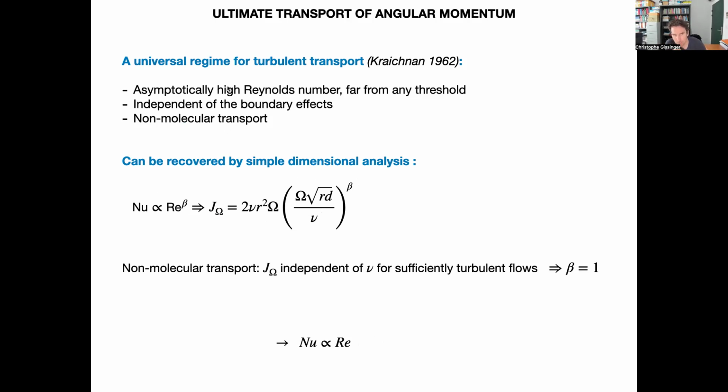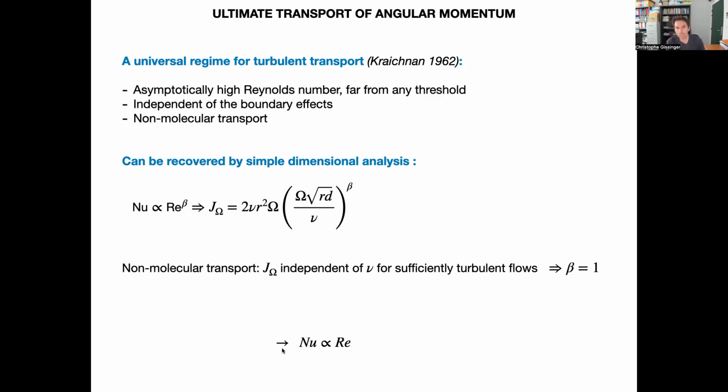If these three assumptions are met, it basically means that you have large Reynolds number, you have no viscous layer on the boundaries, there is no molecular transport. So it means that the flux J here must become at some point independent of the molecular viscosity. Since you have nu here and nu there, you need beta to be equal to 1 to get that. And that's how you get this Nusselt Reynolds scaling.